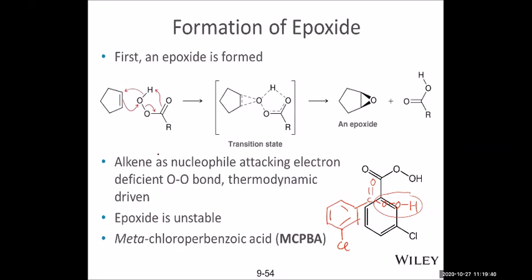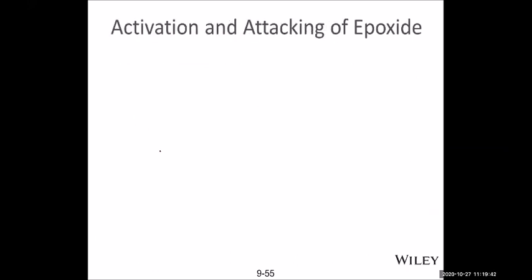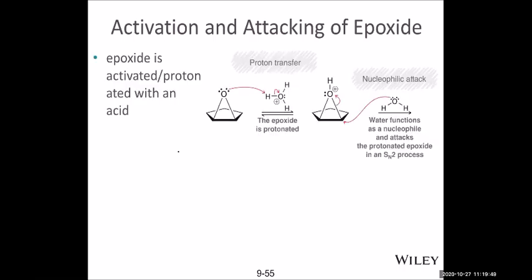Oh, I have a structure. Oh, goodness. Activation and attack of the epoxide. This is how the reaction takes place, and the mechanism is just nucleophilic. But again, to make a better leaving group, by the way, the oxygen without protonation is not a good leaving group. So to make it better at breaking the bond, protonate first, and then you have a nucleophilic attack to open the ring.